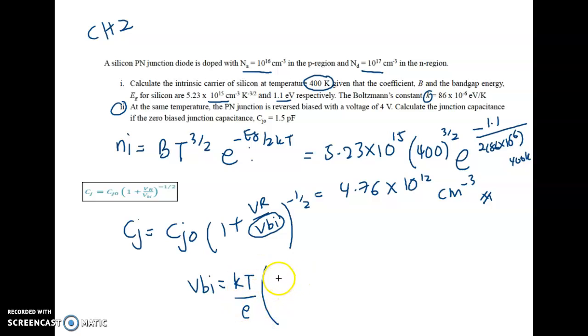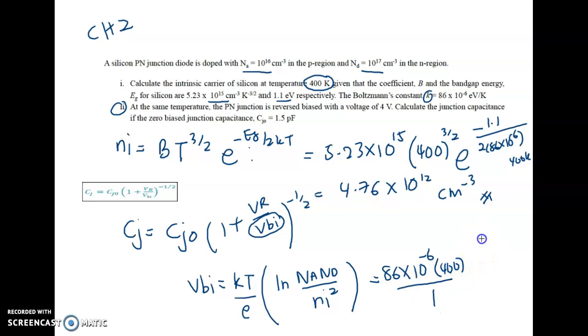So VBI is KT over E, ln of NA ND over NI squared. So the K here is 86 multiplied by 10 minus 6, multiplied by your temperature here, 400, divided by 1, multiplied by ln of your NA, 10 power of 16, times 10 power of 17, divided by your NI just now.